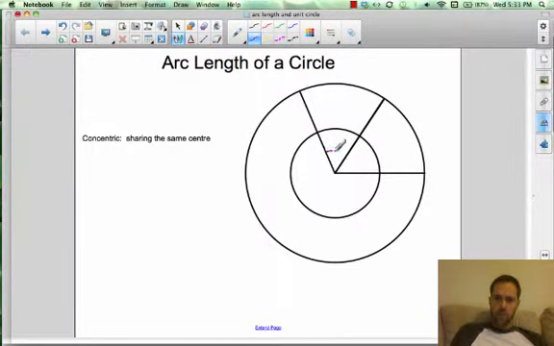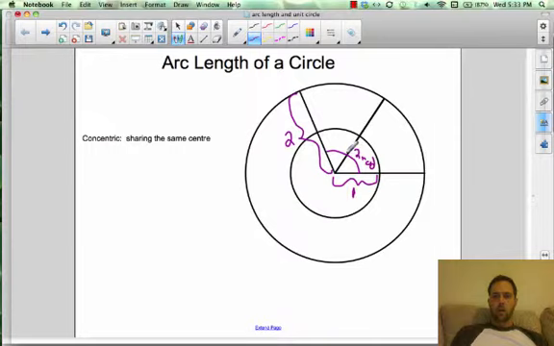Now we know that this angle from here to here is now 2 radians because we have just added a second. And this radius we haven't changed at all. So this is still 1. And again, the radius for the larger circle is still 2.